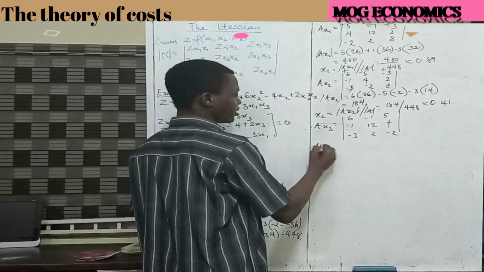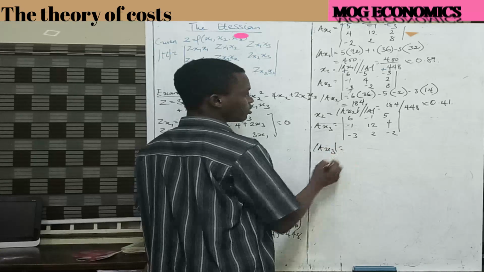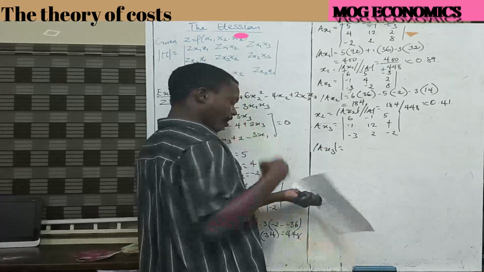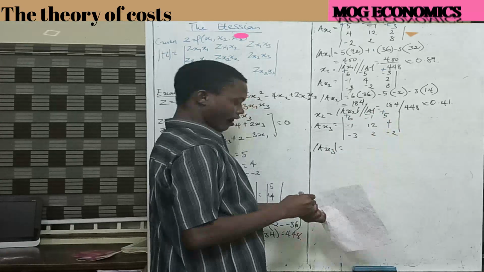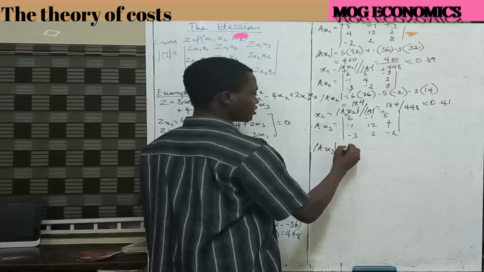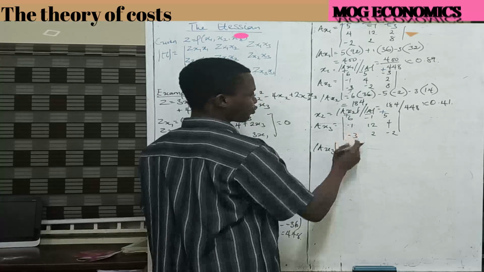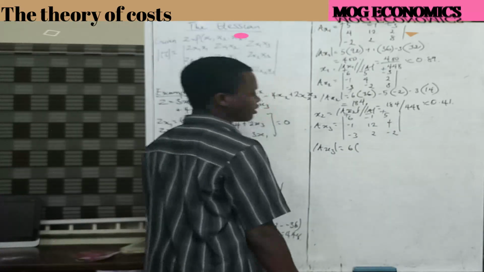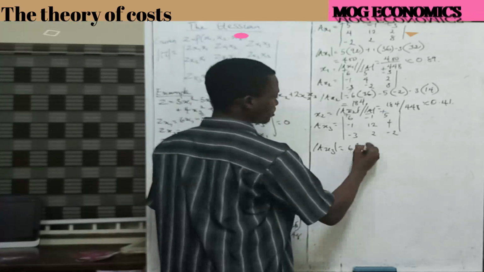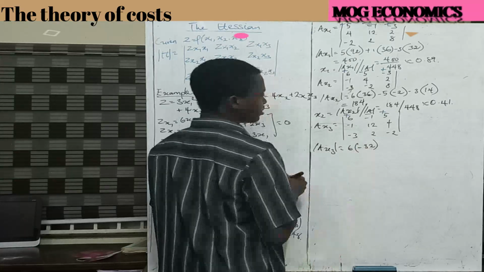So the determinant of Ax3 equals 6 into brackets 12 times minus 2, minus 24, minus 24 minus 8, minus 32, right?